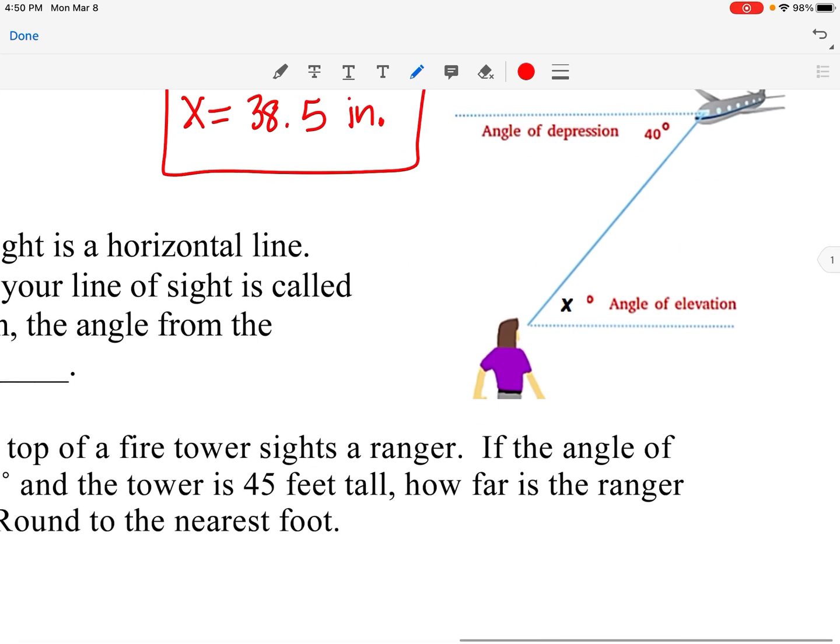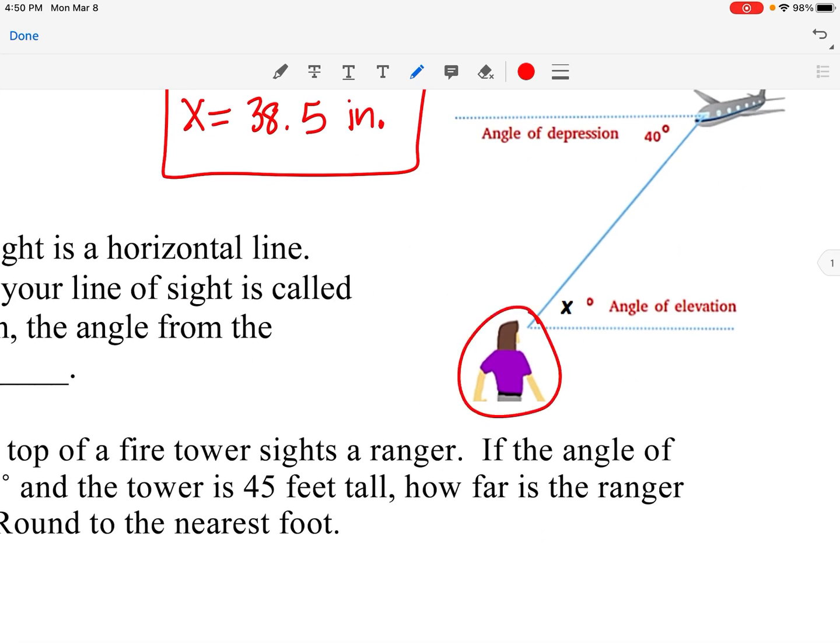And if you're standing lower and looking up at something, again, it's from the horizontal. That horizontal is always where you have to look. Then it's the angle, how far you have to elevate your eyes to look at something above. So the angle of elevation is going to go here. Angle of depression would go here.